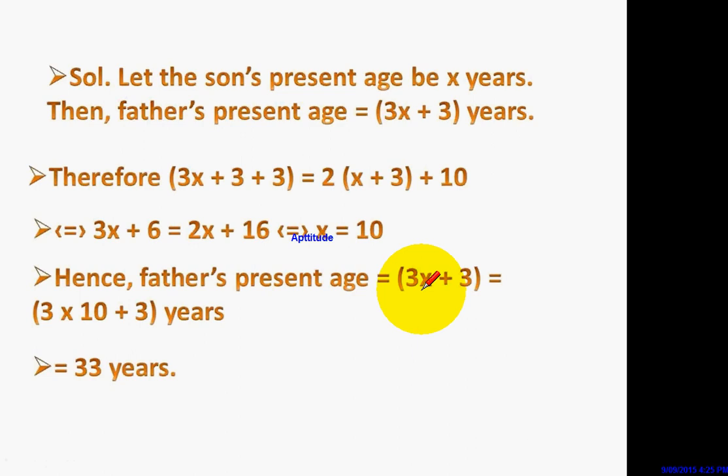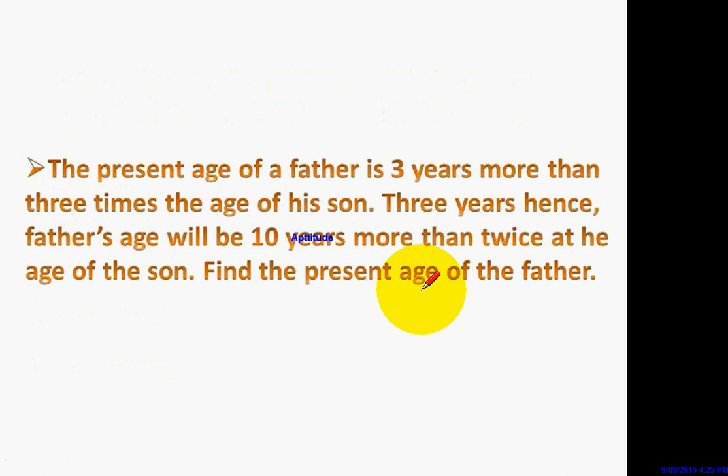Is it clear? See, you need to know how to frame the equation. Once you are very much aware in framing the equation, and you are very much clear in it, then it is dead easy to solve the rest of the problems. So always observe the problem. Try to understand what is given in the problem, who is the younger person.